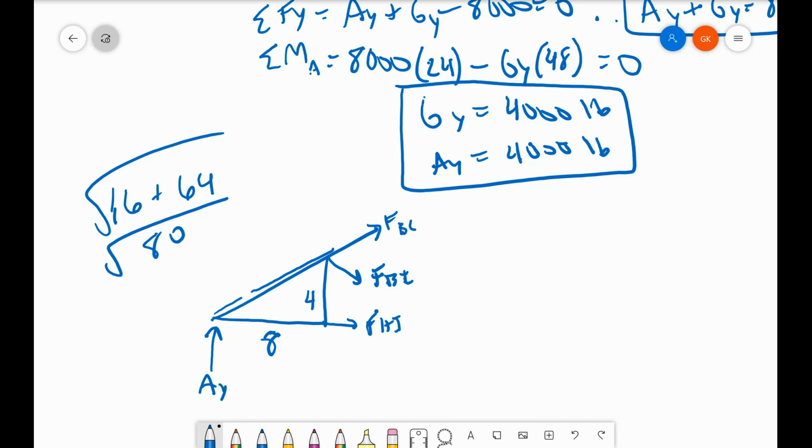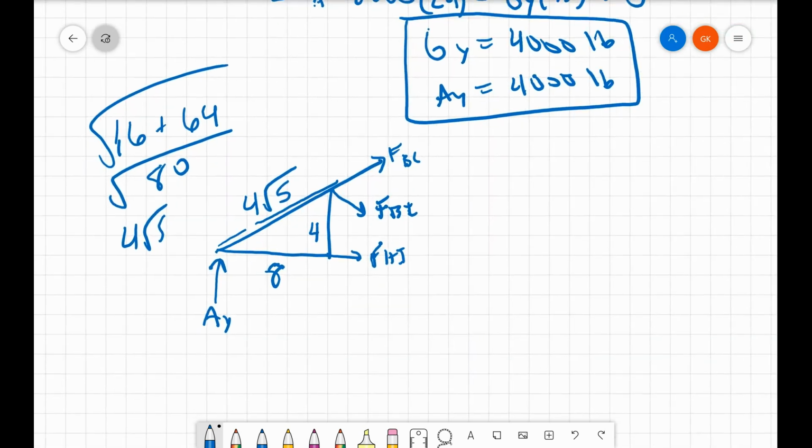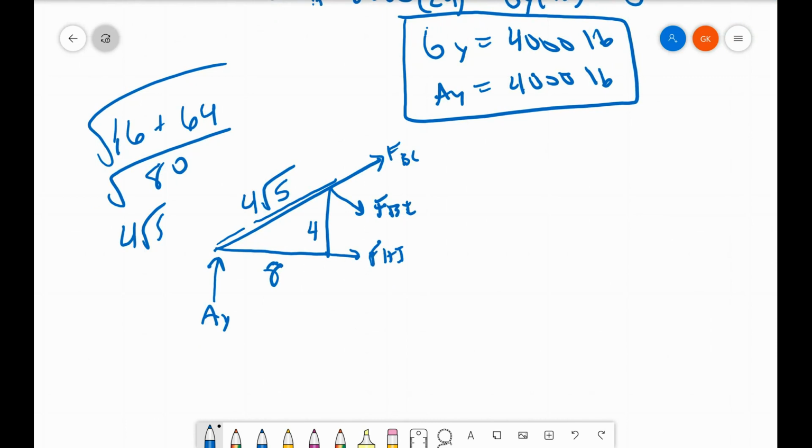I think that's 4 square root of 5. 4 square root of 5 here. Yes, that should be correct. Okay, that's just the length of that line. Now things didn't work out quite as nice as we saw in our previous problem. It's not terrible, but it's not pretty either.